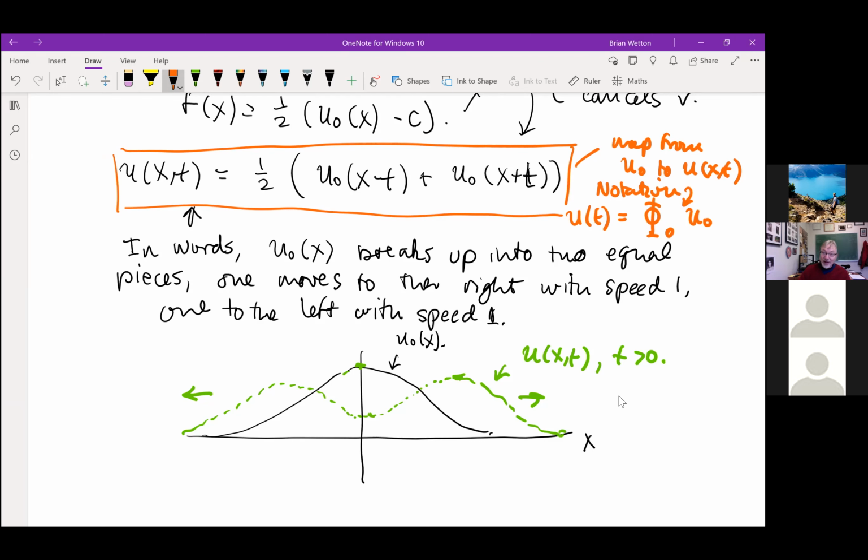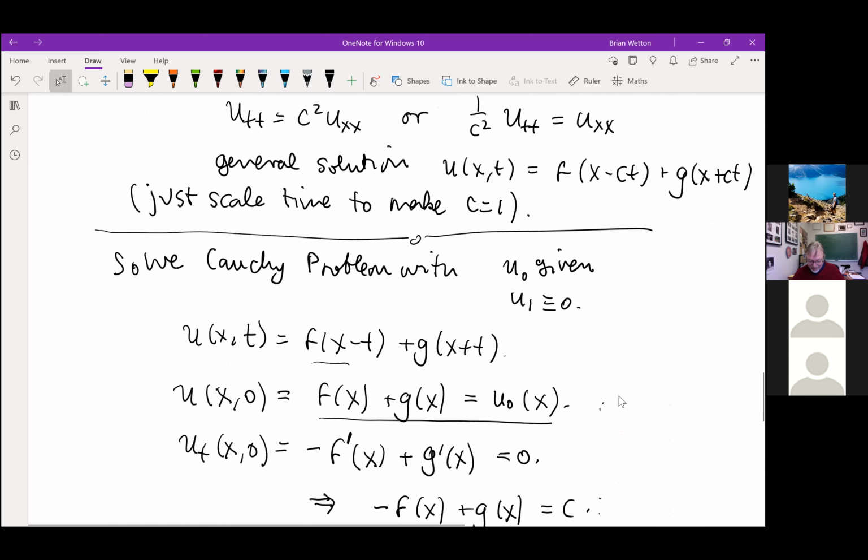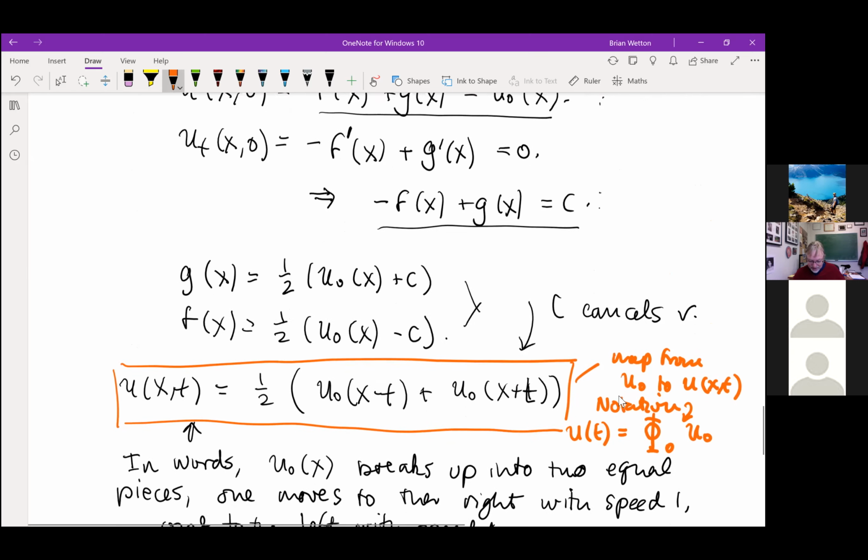And of course, I'm going to have phi 1, which is going to be the same kind of map for when I have 0 values, but given time derivative initial conditions. So we're going to go ahead and work out what phi 1 is. That's the complementary problem where U0 is 0 and U1 will be given. I'll do that next.